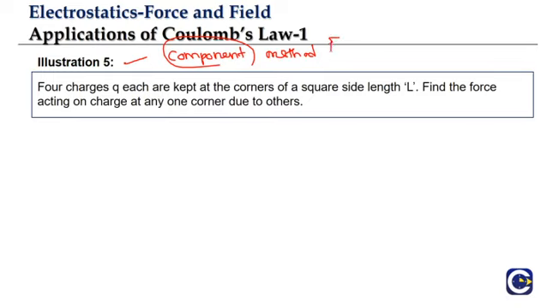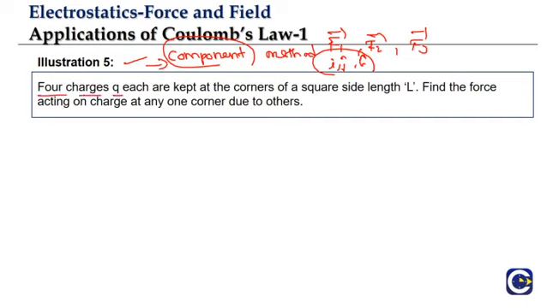If they give the force values, saying F1 is this much, F2 is this much, F3 is this much in component form, that will be one of the easiest problems. We can just straight away add the i components, the j components, and the k components to get the net force. But here we will be required to express the forces in component form, then add them. So we'll see how we'll go about solving these questions.